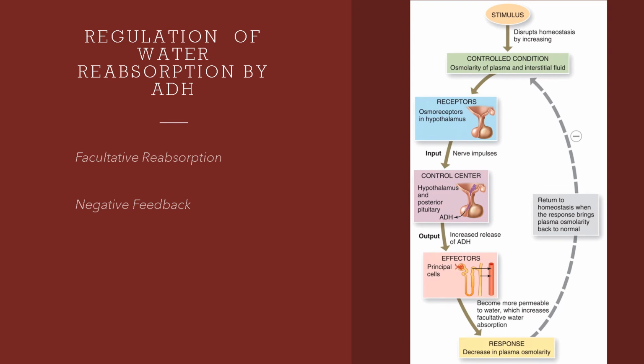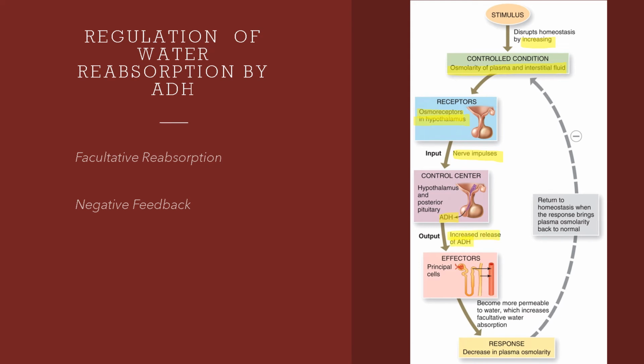With the osmolarity or osmotic pressure of plasma and interstitial fluid increasing, that is when water concentration decreases by as little as 1%. This is when those osmoreceptors in the hypothalamus are going to detect that change. So here we have an increasing osmolarity of the plasma and interstitial fluid. It's detected by osmoreceptors in the hypothalamus. Their nerve impulses are going to stimulate the secretion of more antidiuretic hormone into the blood.